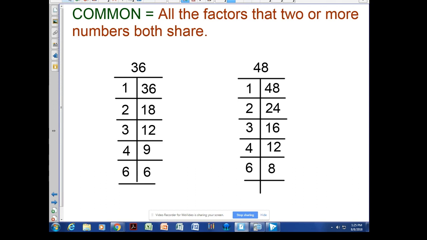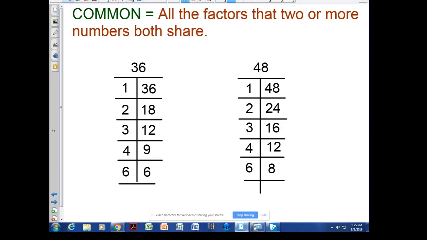Common in the greatest common factor means all the factors that two or more numbers share. So here we have the T-chart and all the factors already drawn for us for 36 and 48. I'm going to circle all of the factors that are on both of those lists.